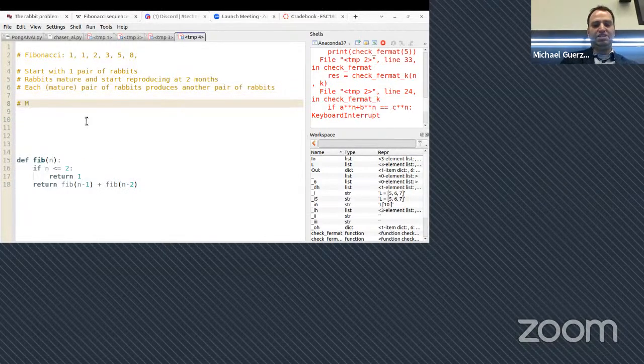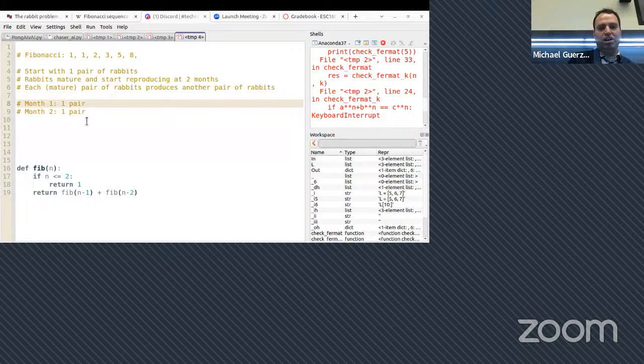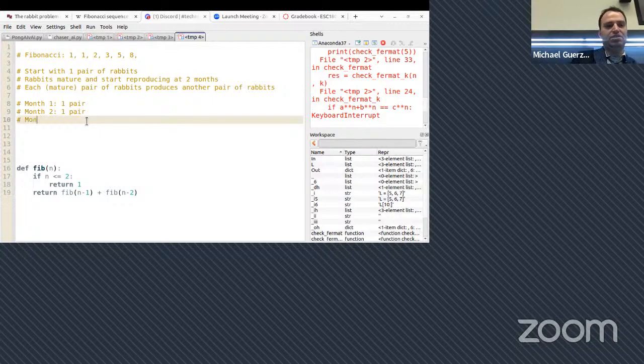So at month 1 you'll have 1 pair, and at month 2 you still have 1 pair, because those are still not mature. Then how many rabbits are you going to have at month 3?